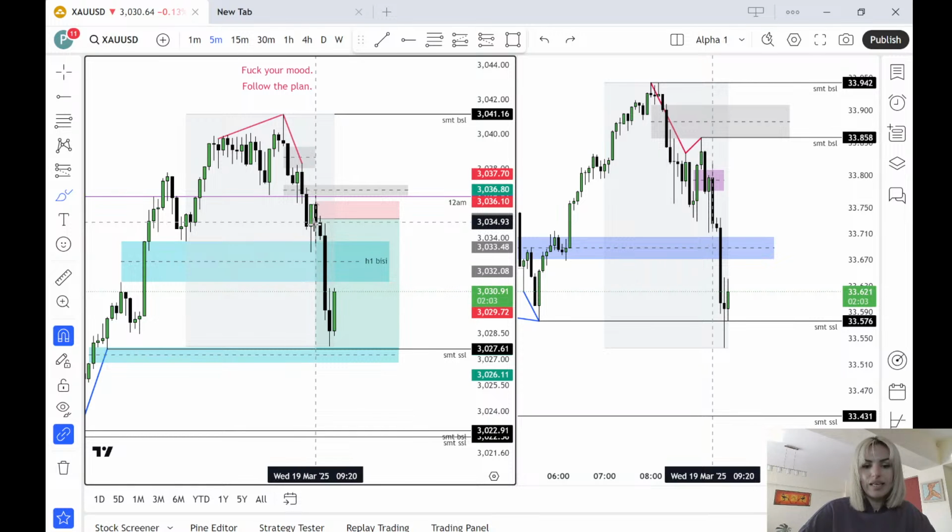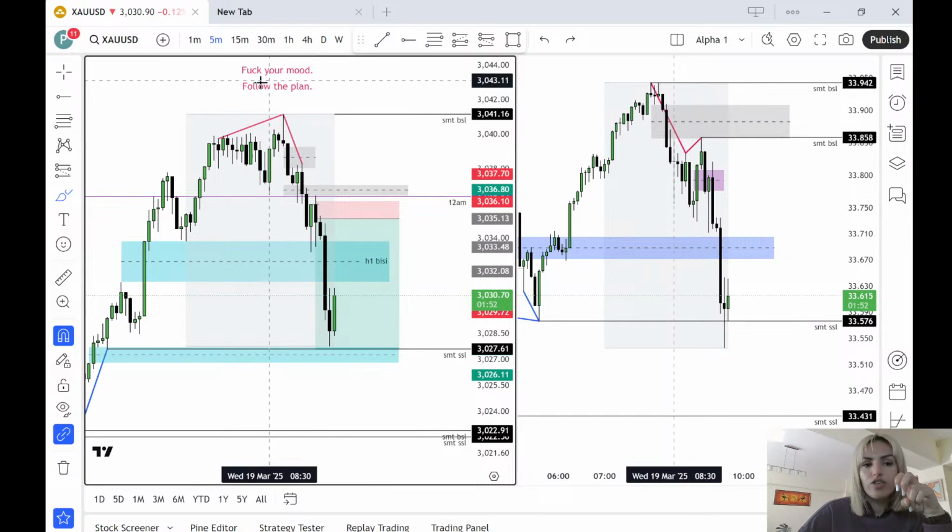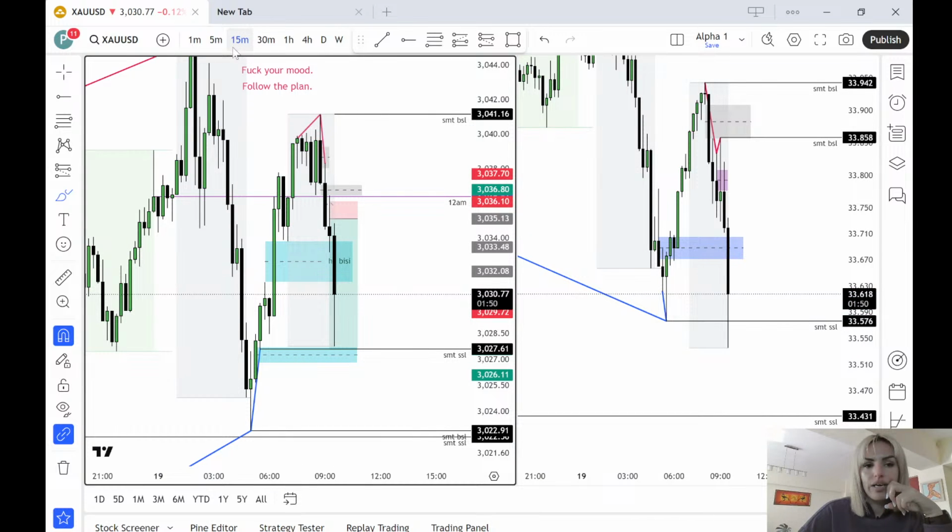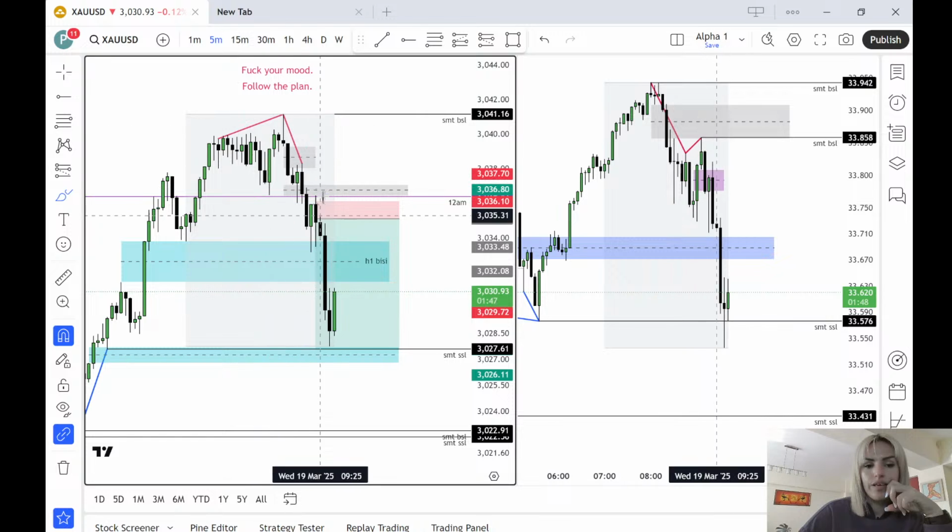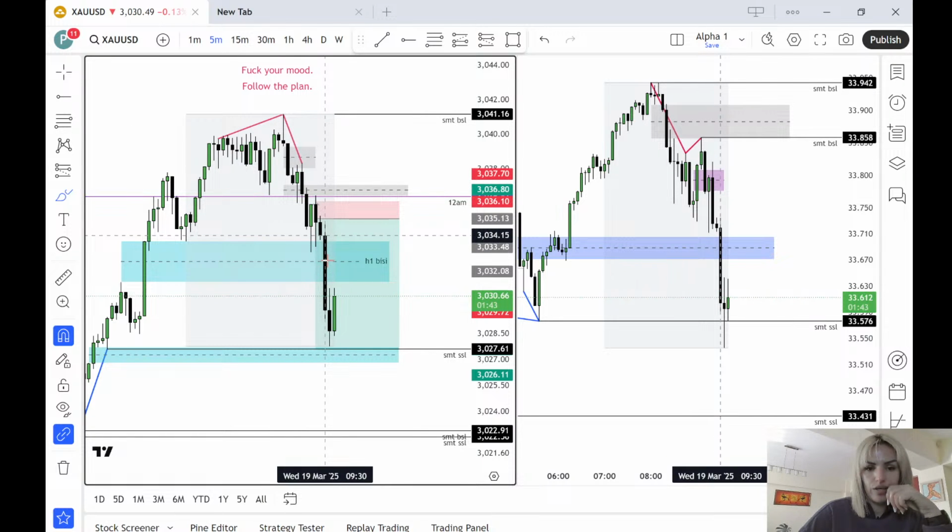But then the 920 candle, just look at how it slightly, how I like to say, kissed the 12 midnight opening price, and then it started to turn into a bearish candle. So that's when I decided to execute on the trade.